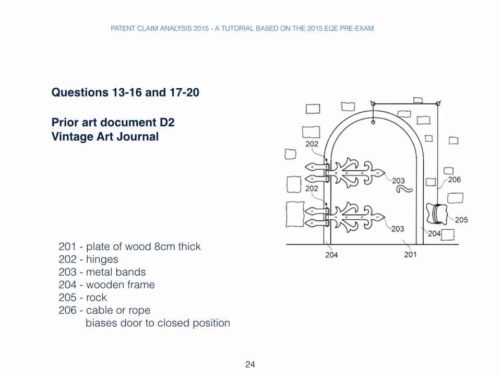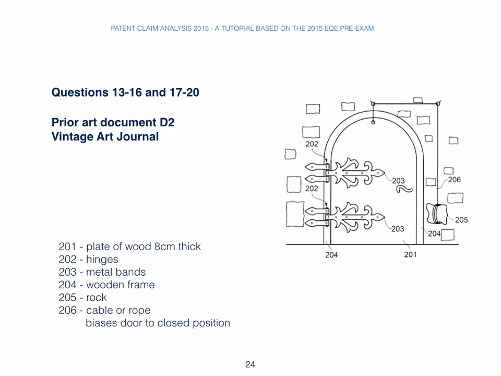It is supported by hinges that have metal bands that cover a large area of the wood plate. The door is provided with a ROC 205 on a cable for biasing the door to the closed position. And the last paragraph 2 says that there was a fire some time ago and the door withstood the fire very well, and it was burnt on the fire side, but remained intact on the other side. So the fact that it was from the 14th century is not terribly important.